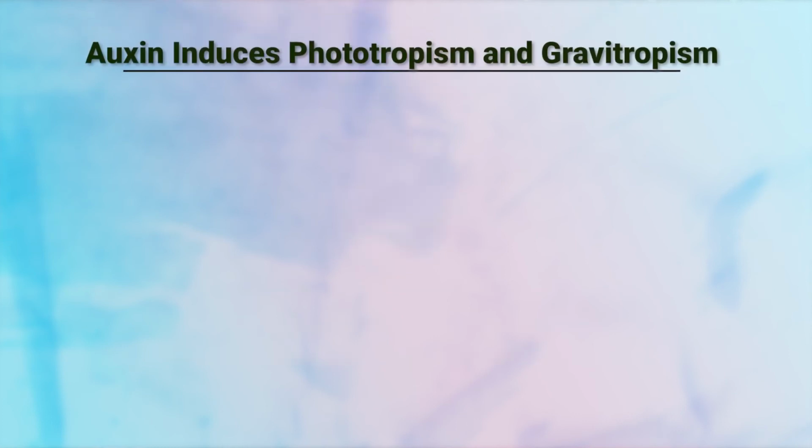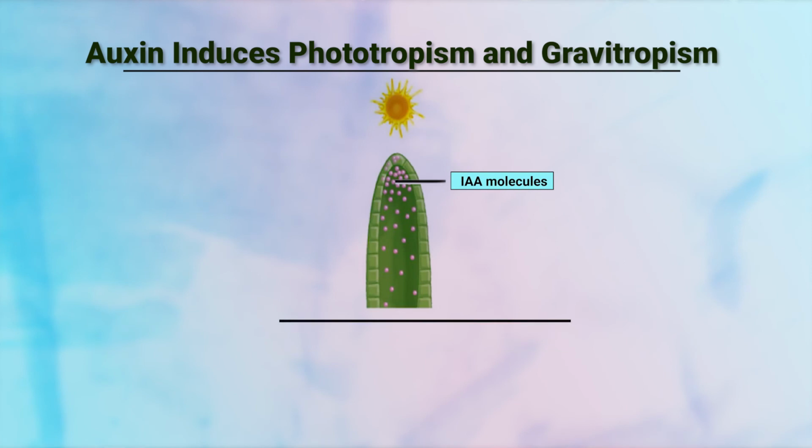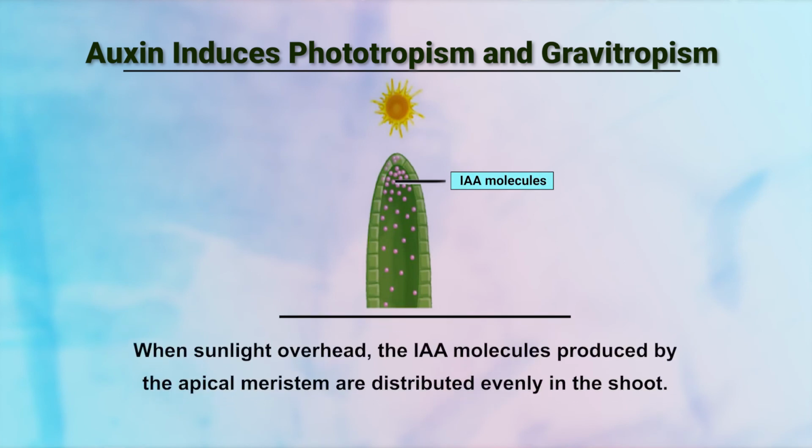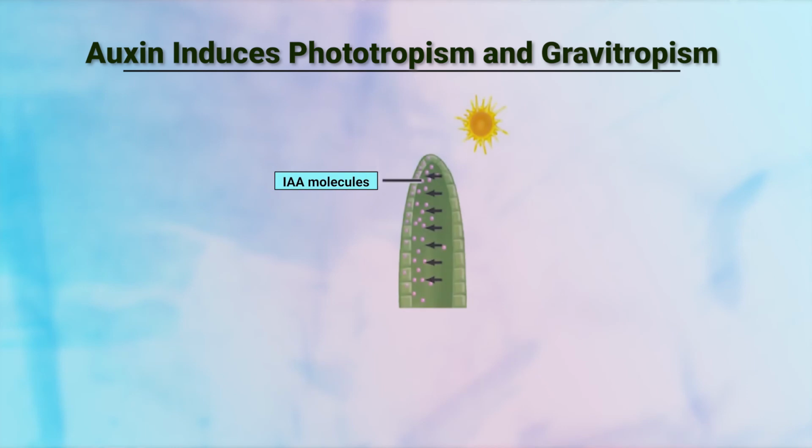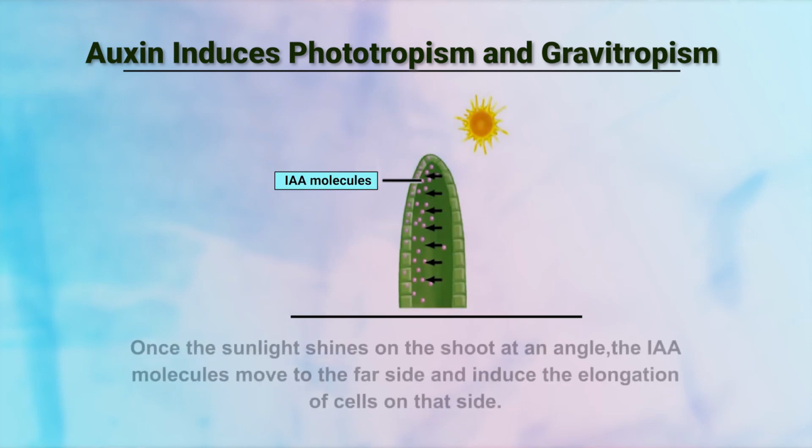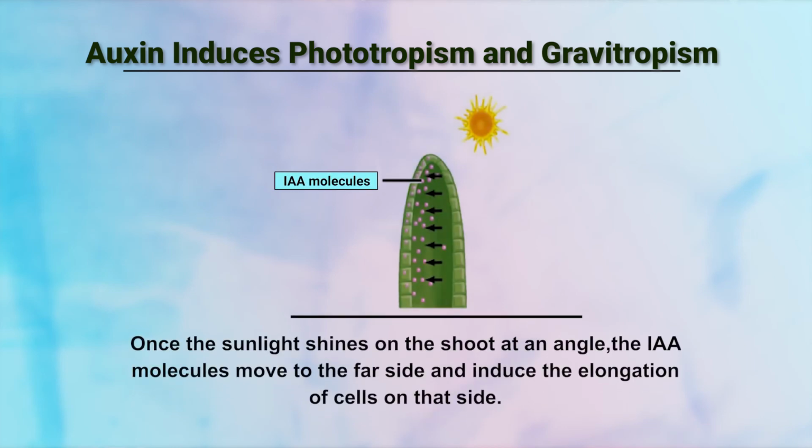Two of the most important physiological effects of auxin are phototropism and gravitropism. If the illumination is overhead, then indole acetic acid is distributed uniformly along the tip. But if the illumination is at one side, then the indole acetic acid molecules flow to the shaded side.